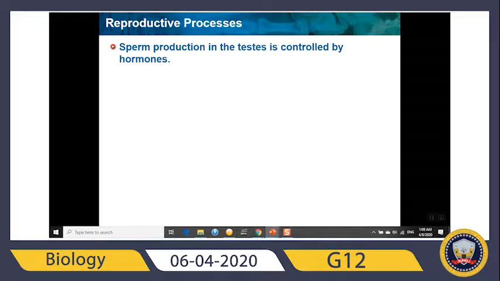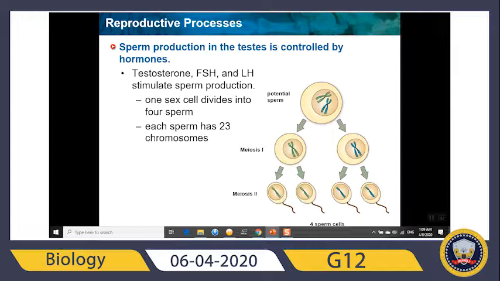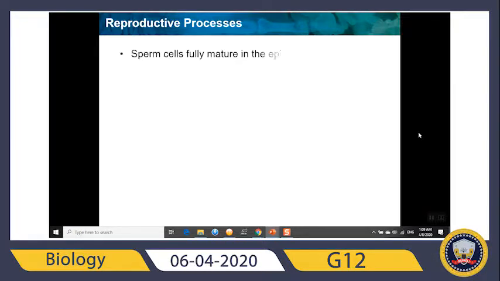Now, sperm production. Testosterone, FSH, and LH stimulate sperm production. One sex cell divides into four sperm. Each sperm has 23 chromosomes: meiosis 1, meiosis 2, 23, 23, 23, 23.